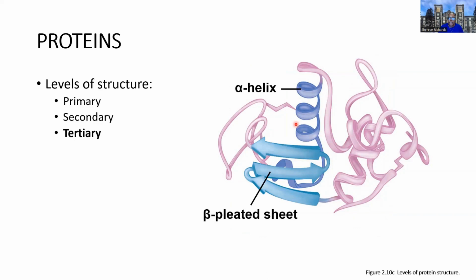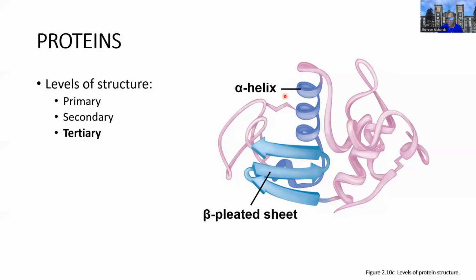Let's look at the tertiary level. So yet another level of complexity. This is when we have several different secondary levels or secondary proteins coming together to form a much more complex structure. So in this protein, we have some typical peptide bonds or protein chains in the purple.